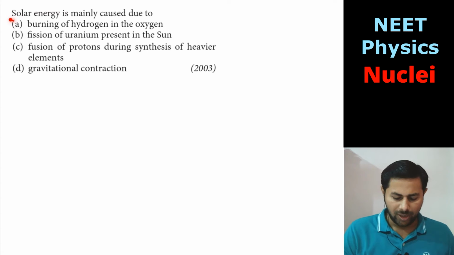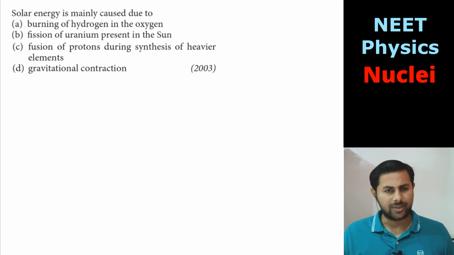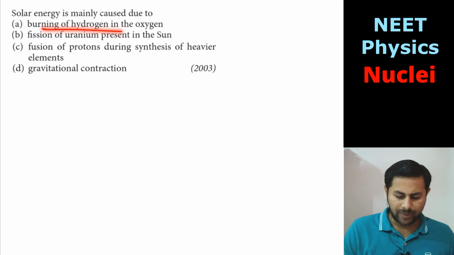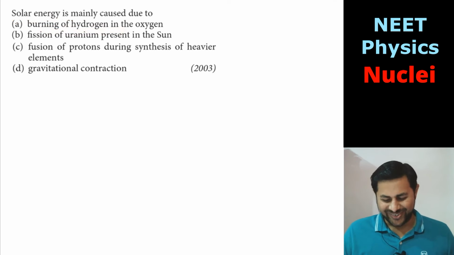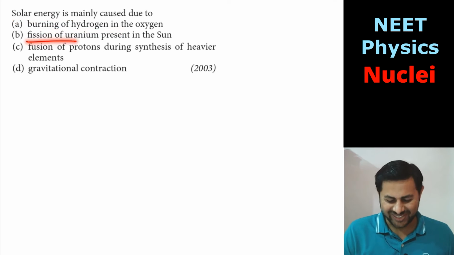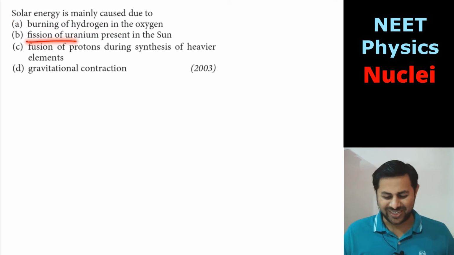Let's see next one. Solar energy is mainly caused due to burning of hydrogen in oxygen, fission of uranium present in the sun, fusion of protons during the synthesis of heavier elements, or gravitational contraction. What's the reason?